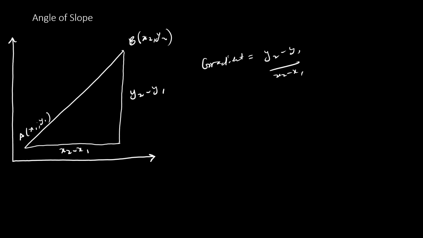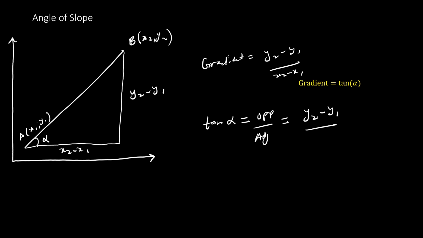So if this line AB makes an angle with the positive x-axis, let's assume it makes an angle alpha. If you look for tan alpha, it is opposite over adjacent. And then you have the opposite to be y2 minus y1, adjacent to be x2 minus x1.